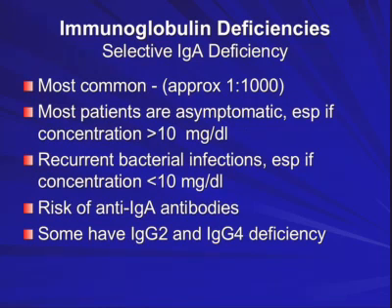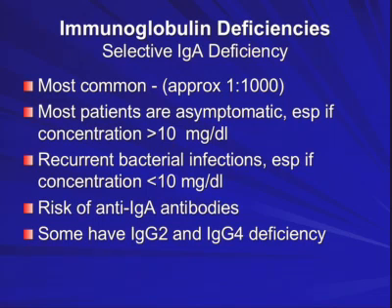Selective IgA deficiency is the most common antibody deficiency, or immune deficiency in general, about 1 in 1,000 of the general population. Most of these patients are asymptomatic and get picked up on a celiac disease workup by our gastroenterologists or primary care pediatricians.